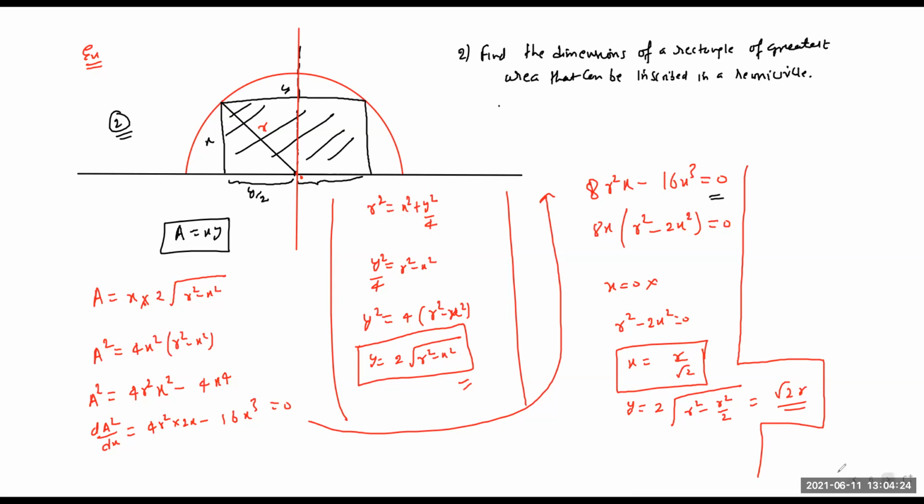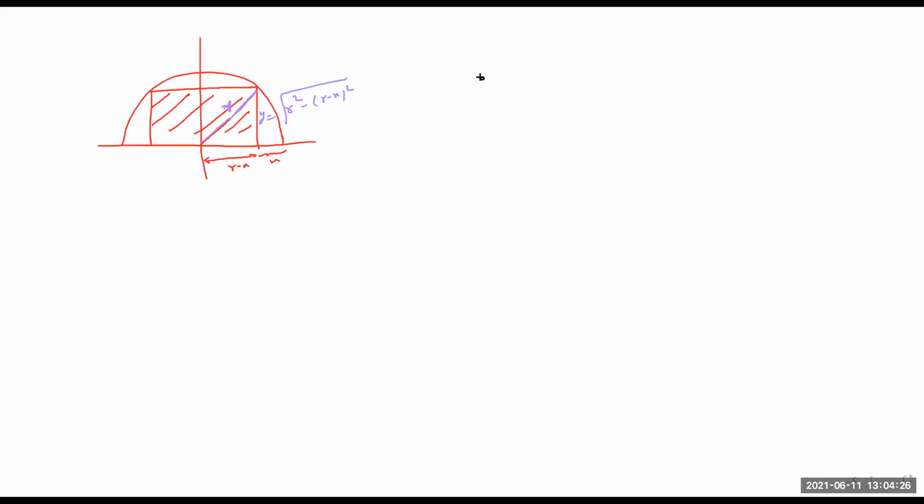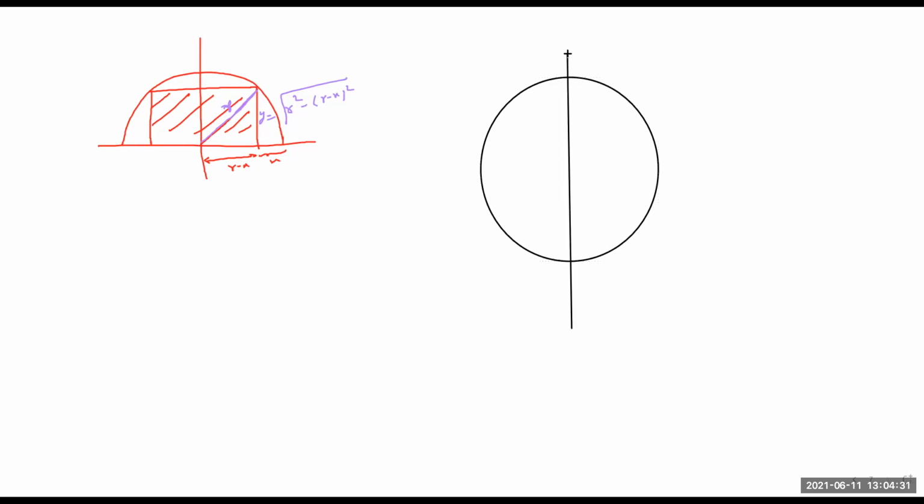No, but I'll give you a very simple trick of solving this. You can solve it without doing any differentiation also. So there are tricks, and it's very easy. Your area will be twice of r minus x multiplied by y.